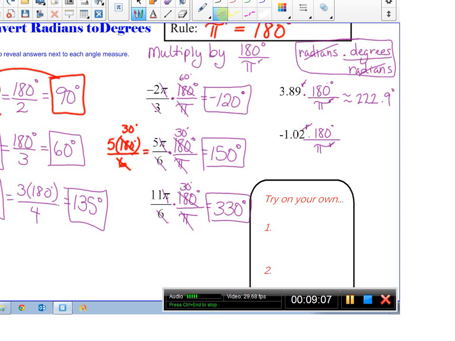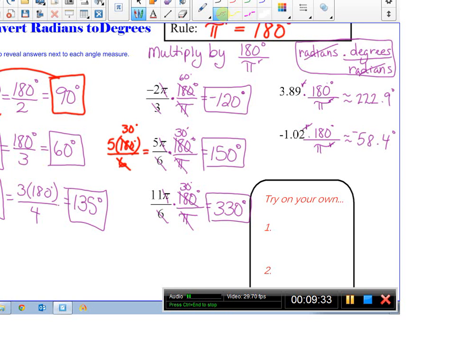Let's try the next one. Use your calculator. Negative 1.02 times 180 divided by pi. And use the pi value on the calculator, not 3.14 or anything like that. This is approximately negative 58.4 degrees.